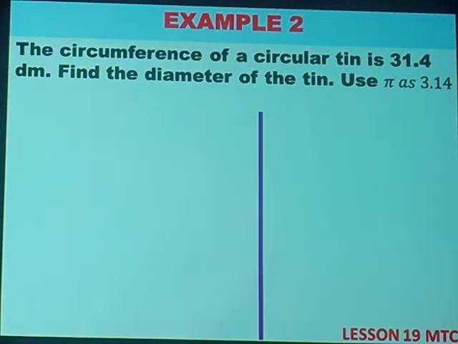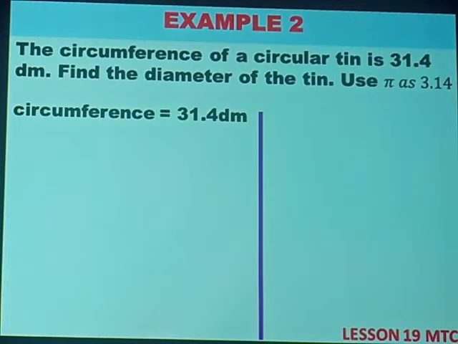We need to identify the circumference. Our circumference is 31.4 decimeters. After identification of the circumference, remember, in this question, they want us to look for the diameter. And we know the formula for calculating circumference given diameter. We shall just use the very formula because we have the circumference in order for us to look for the diameter.